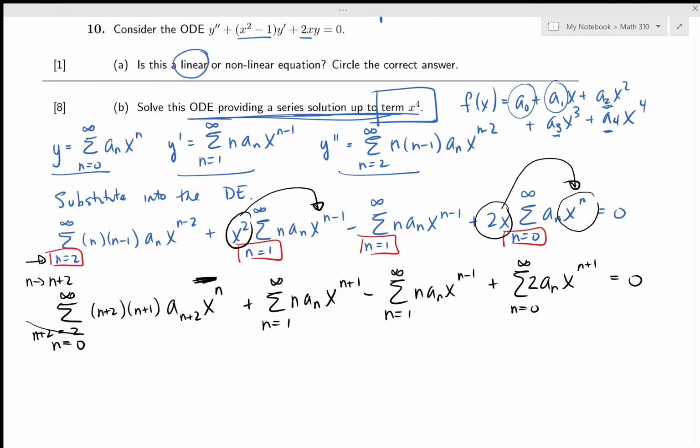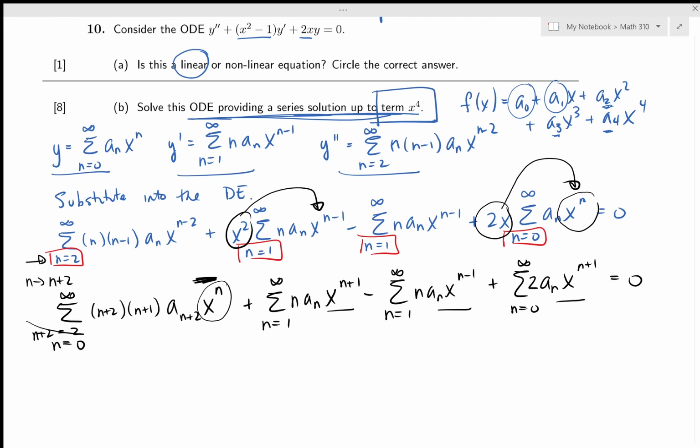So now I see I've got x to the n here, and n plus 1 here. I've got n minus 1 here, and n plus 1 here.